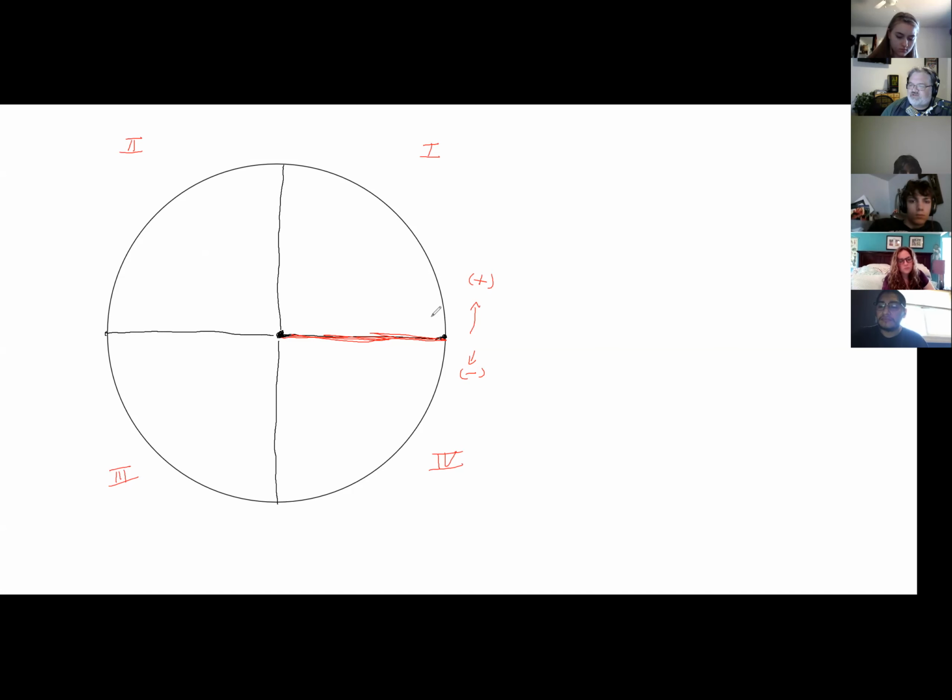So if we want to think of our circle in terms of radian measure, we're going to start at 0 here and go all the way around. How many radians were there in that full rotation? Let somebody either say that or type that. Chris, you even got a nice pi symbol on yours.